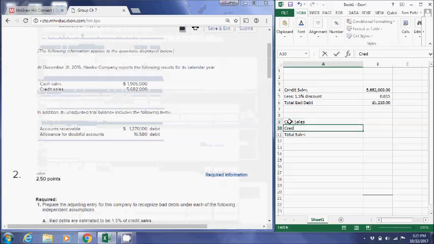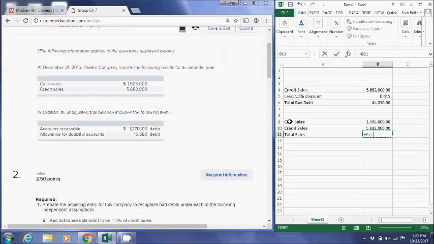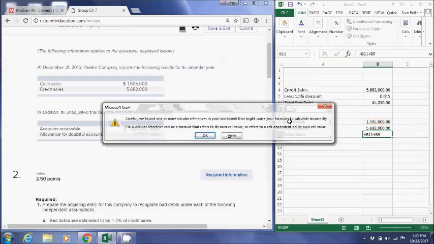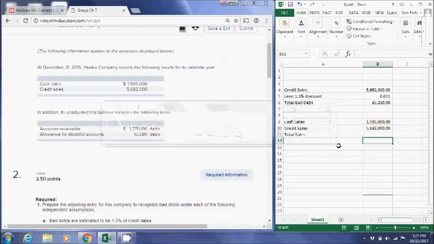It looks like cash sales were $1,905 and credit sales are $5,682,000. So total sales is the addition of those two things. Whoops, I got a little bit careless there. Plus the 1,905 plus the 5.682 million gives us 7,587,000.